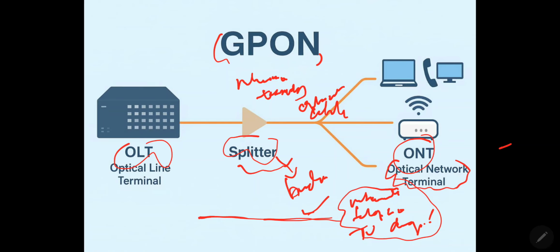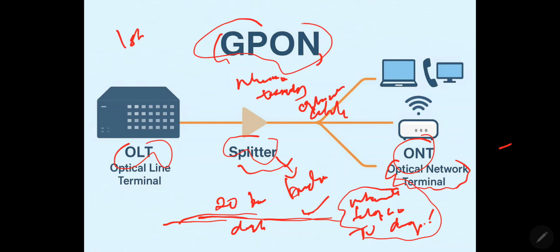And this fiber cable can reach up to 220 kilometer distance. It's such a long distance. If you want to reach a long distance, you can use this GPON, and the speed is very high and very stable if you compare to wireless, Ethernet, ADSL, or copper cable.